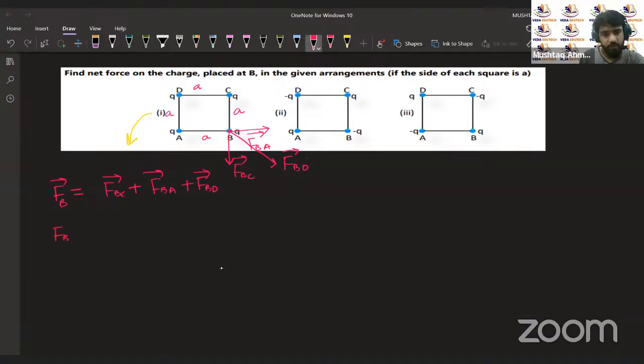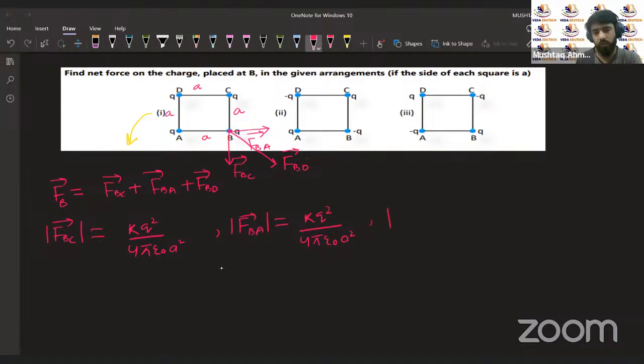For FBC, the magnitude will be KQ square upon 4 pi epsilon naught A square. And similarly, the magnitude of FBA is going to be KQ square upon 4 pi epsilon naught A square.